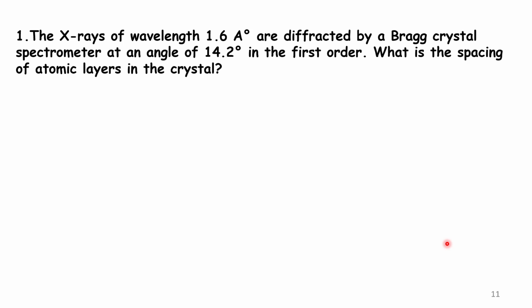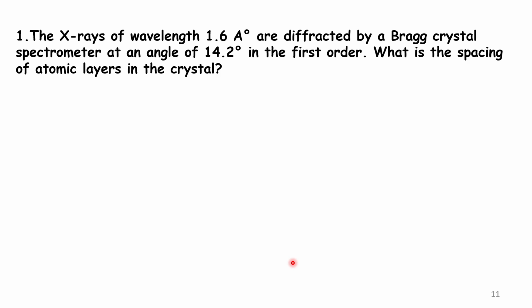Now students, we are going to take some problems related to these topics. The first problem is that X-rays of wavelength 1.6 angstrom unit are diffracted by a Bragg's crystal spectrometer at an angle of 14.2 degree in the first order. What is the spacing of the atomic layers in the crystal?